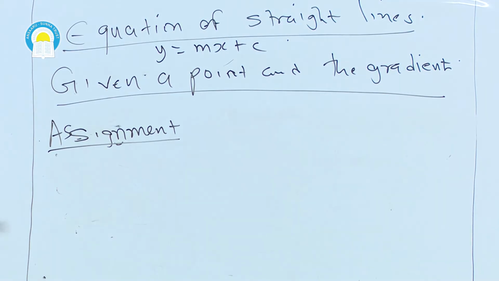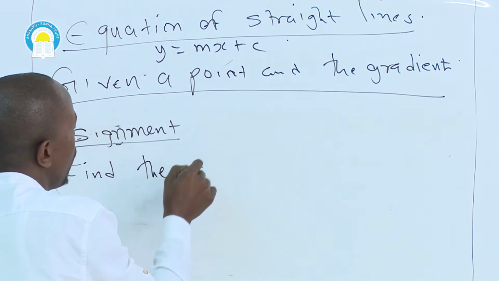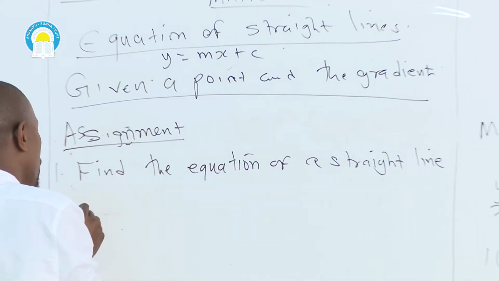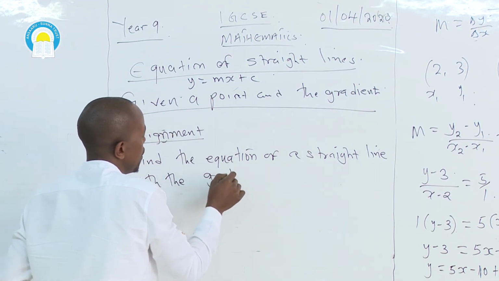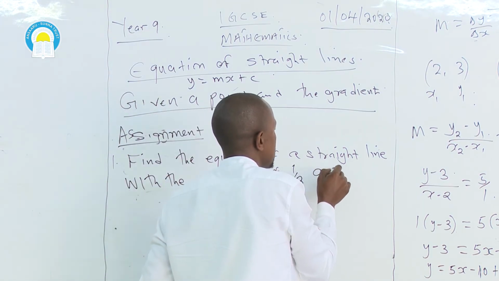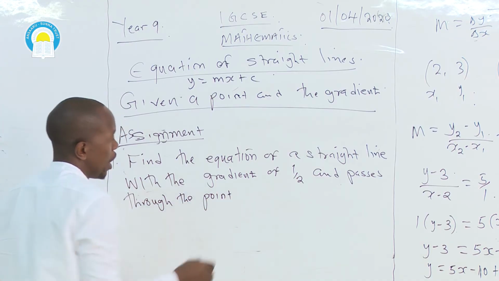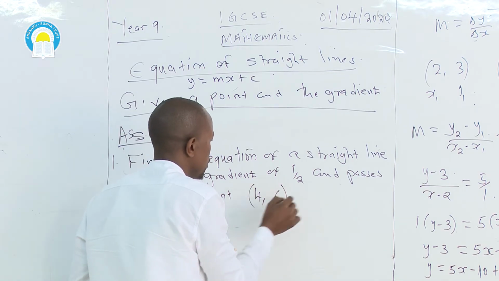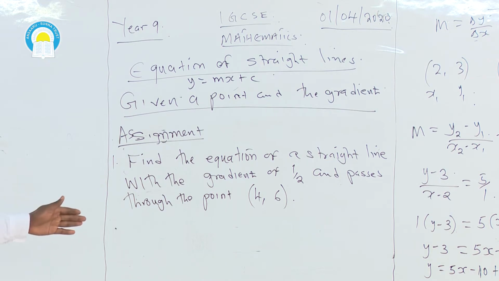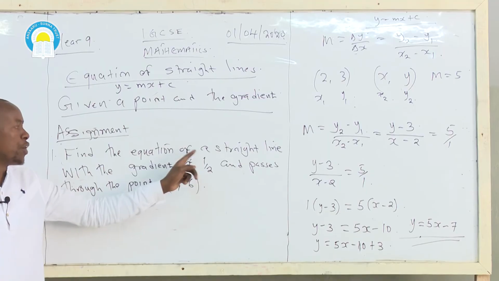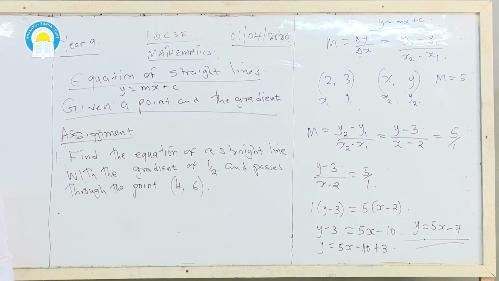Find the equation of a straight line with the gradient of a half, 1 over 2, that passes through the point (4, 6). I repeat, find an equation of a straight line with the gradient of a half that passes through the point (4, 6).